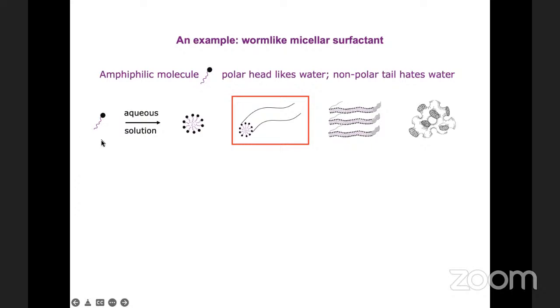So when you put many of these surfactant molecules into aqueous solution, then depending on the conditions, for example, how big the head group is compared to the tail group, you can get these molecules assembling into various structures so as to hide their non-polar hydrophobic tail groups away from the water, so that only the hydrophilic head groups are next to the water.